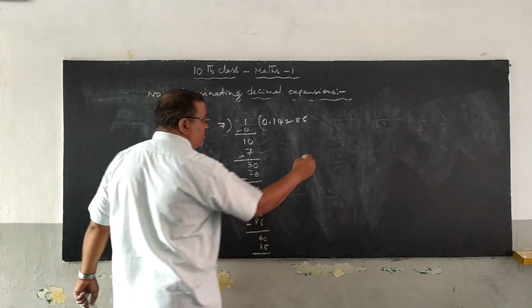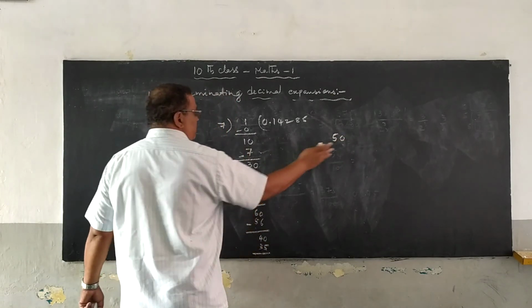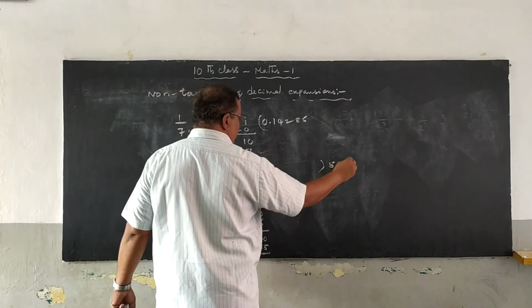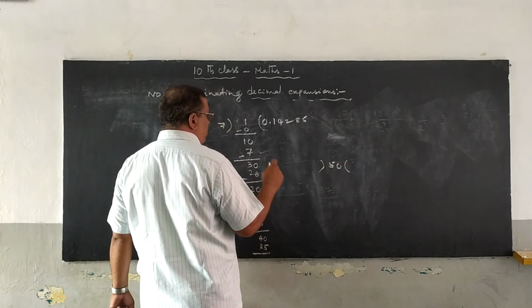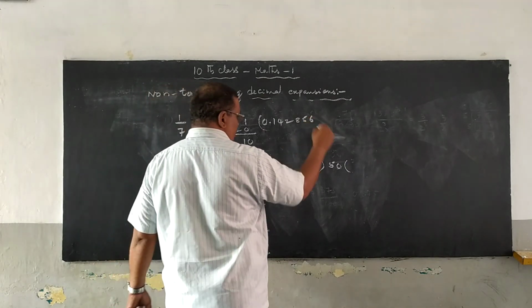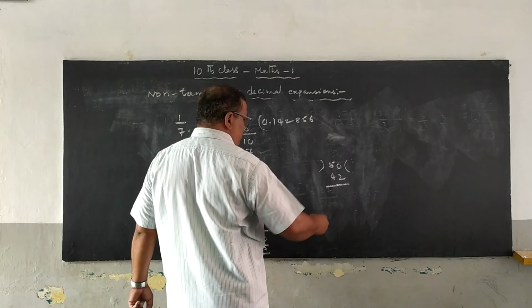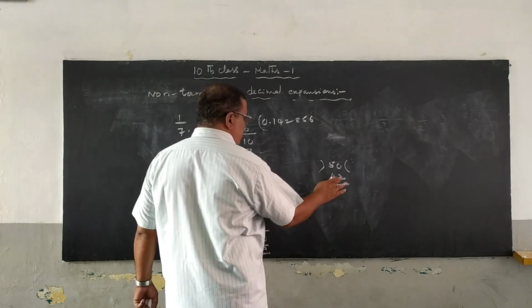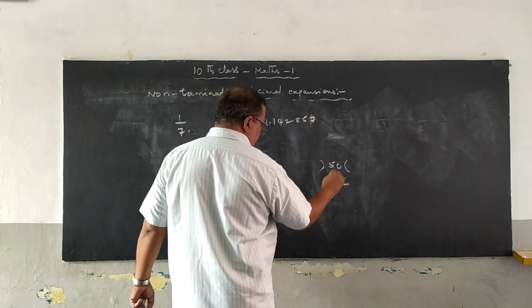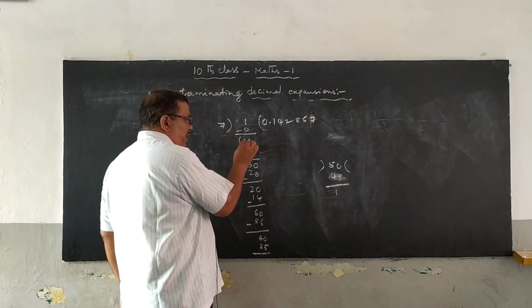Remainder is 5. Keep one more 0. 7 6s are 42. Remainder is 8. 7 7s are 49. Remainder is 1. Again the same remainder is obtained.